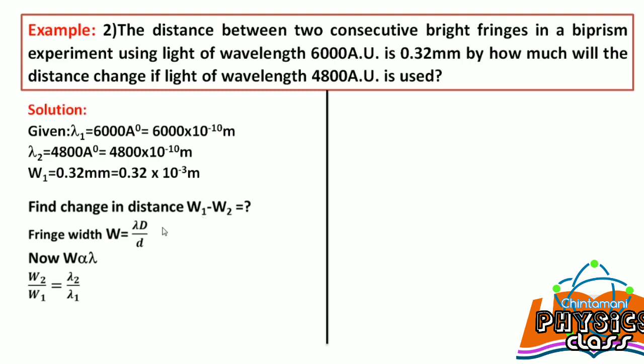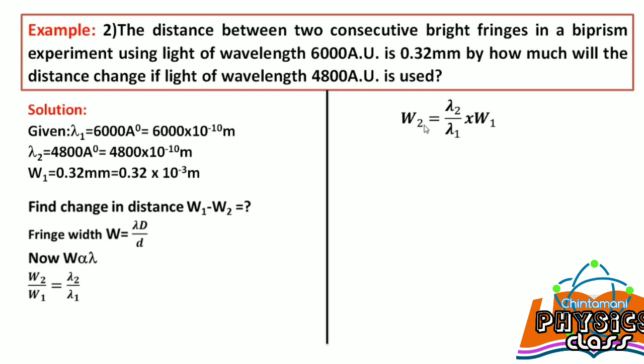You can find out this value. We know the basic relation of fringe width: W is equal to lambda capital D divided by small d. Fringe width and wavelength are proportional. Using this relation, W2 divided by W1 is equal to lambda 2 divided by lambda 1. W1 is given but W2 is not given, so first find the value of W2.